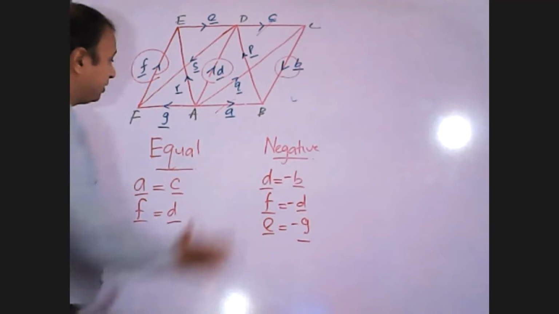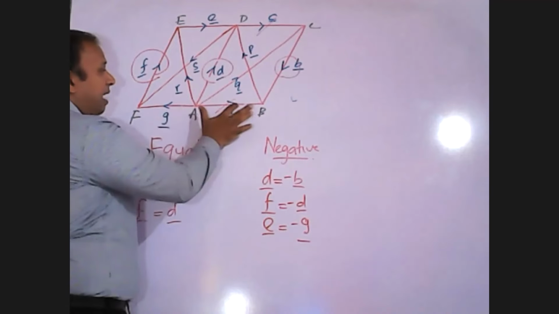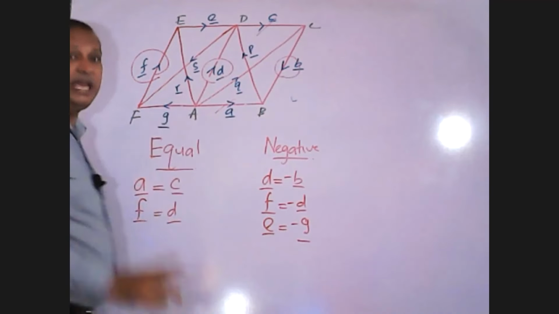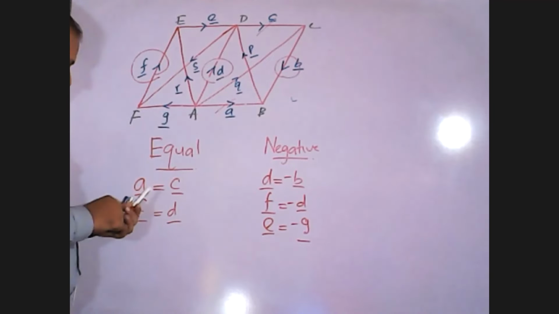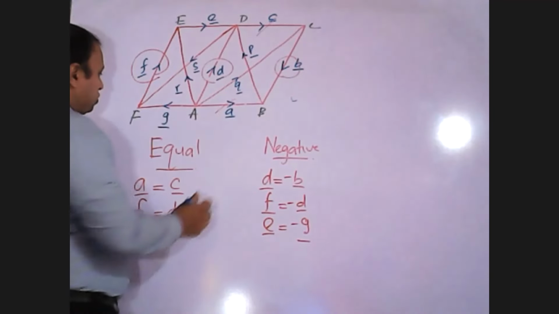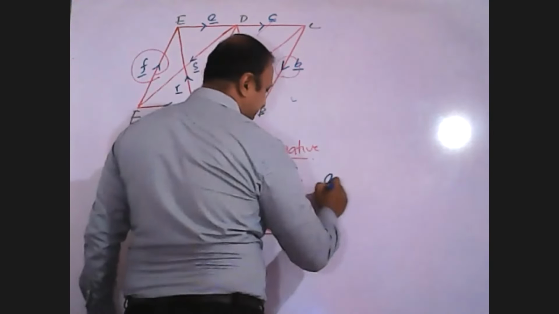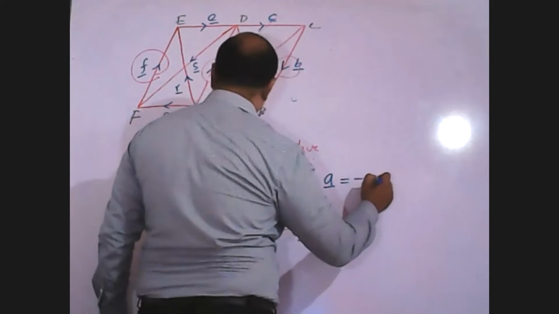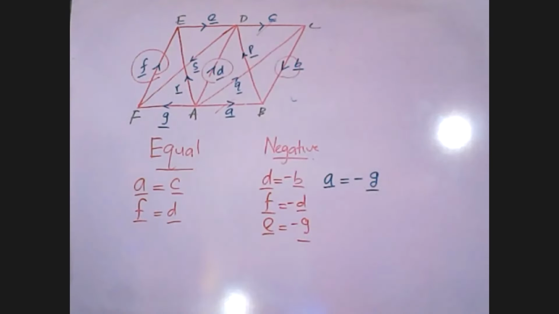AB and AF both are same in magnitude, same in direction, but the arrowhead directions are opposite to each other. Therefore, A and G: the vector A is the negative vector of vector G.